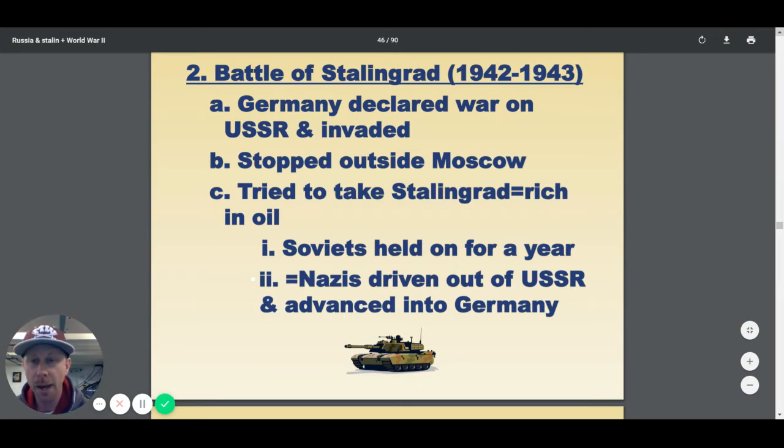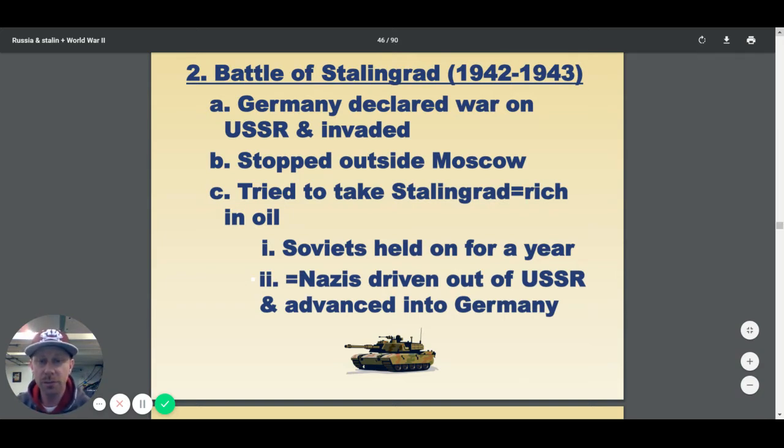Like all the buildings were knocked down. Joseph Stalin, the leader, did not allow the Soviets living in Stalingrad to leave the city. He wanted them to stay in there to help fight and dig trenches and help the soldiers out. So they stayed in there, and eventually that led to more civilian deaths as the Nazis went through the city and the bombings of the Germans continued through the city.